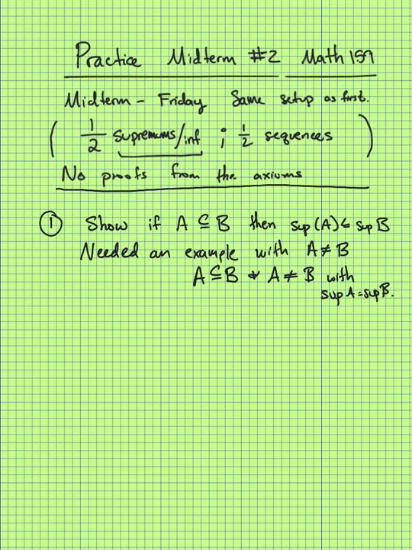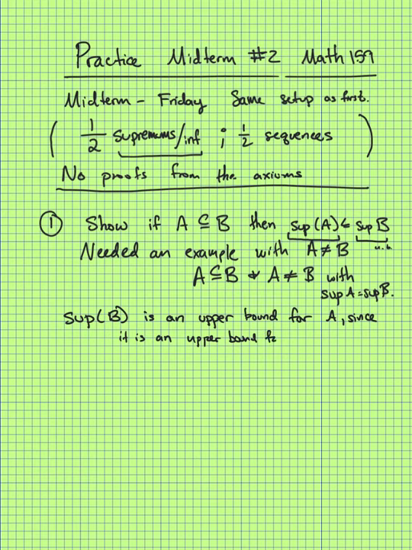Okay, so how do we prove this? Well, anytime you want to show that the supremum of a set is less than or equal to something, you have to show that this is just an upper bound for A. So we claim that sup of B is an upper bound for A, since it is an upper bound for B, and A is contained in B. And that's it.